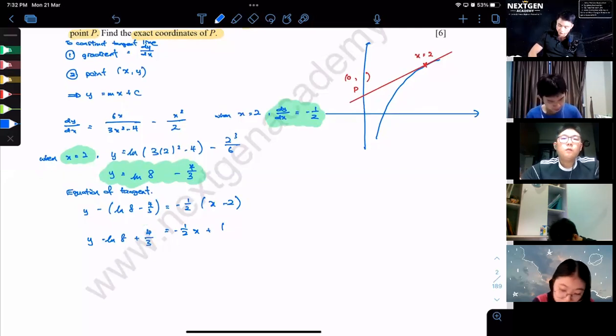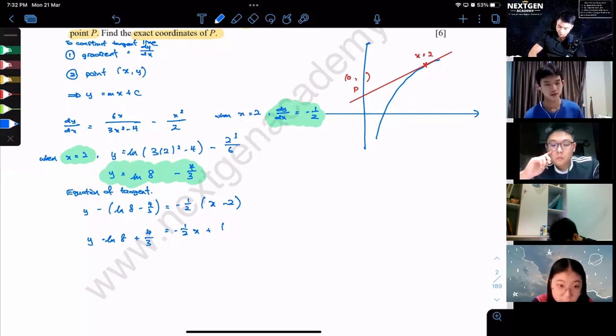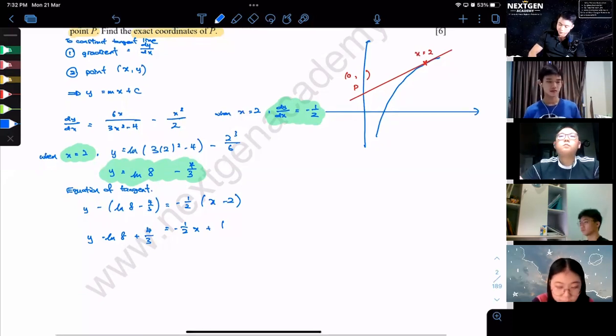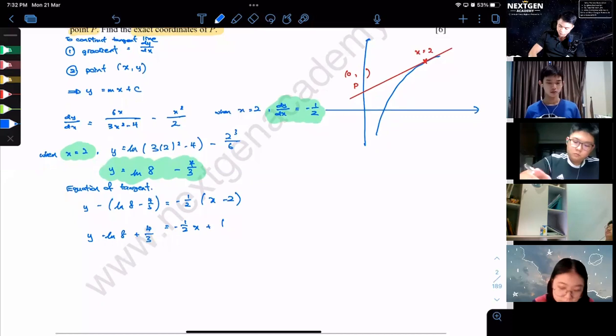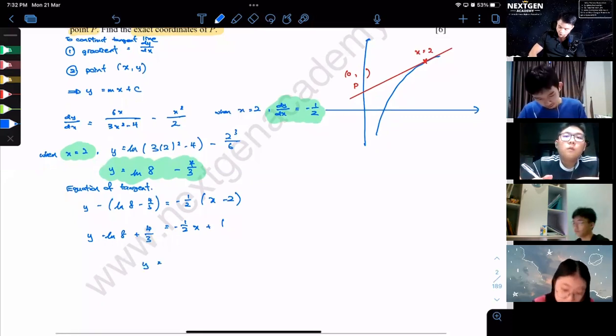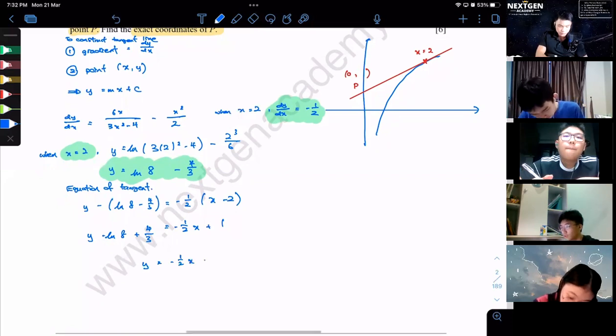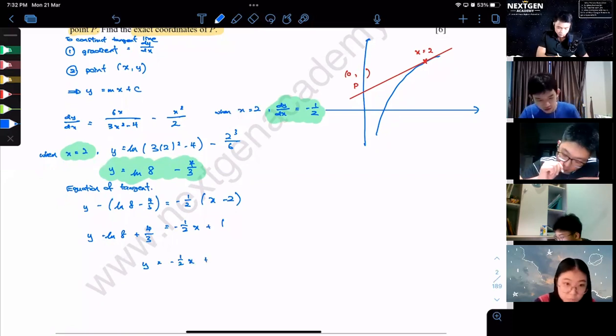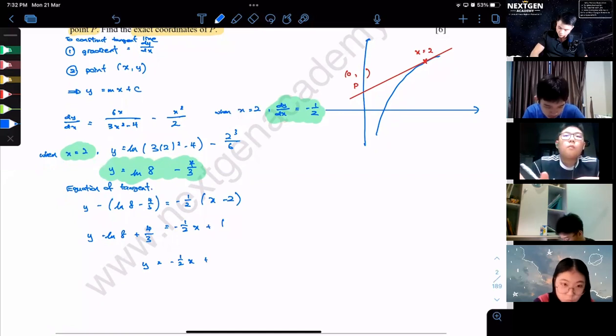Later on, we need to find what's the y value when my x equals 0. So let's rearrange it. So y equals negative half x plus 1 minus 4 over 3, which will give me negative 1 over 3.